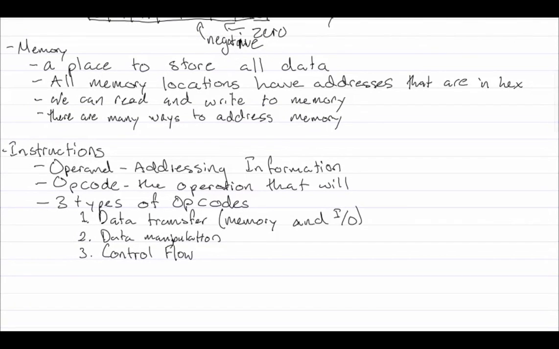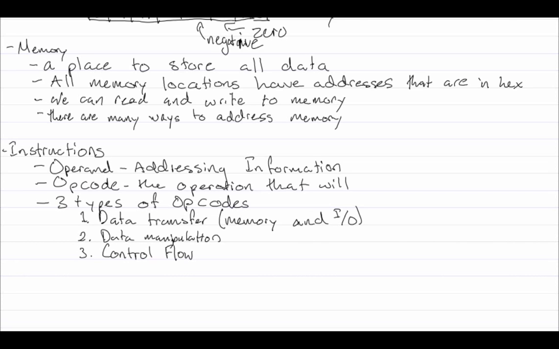Alright, next we're going to talk a little bit about memory. Memory is where you can store all sorts of data. You store instructions there, movement variables, constants, anything essential to the processor running gets stored inside memory, and things can be read from and written to memory as you wish.